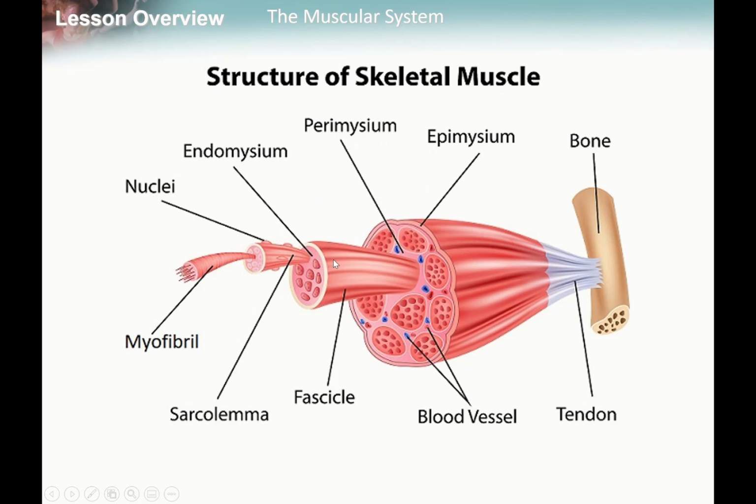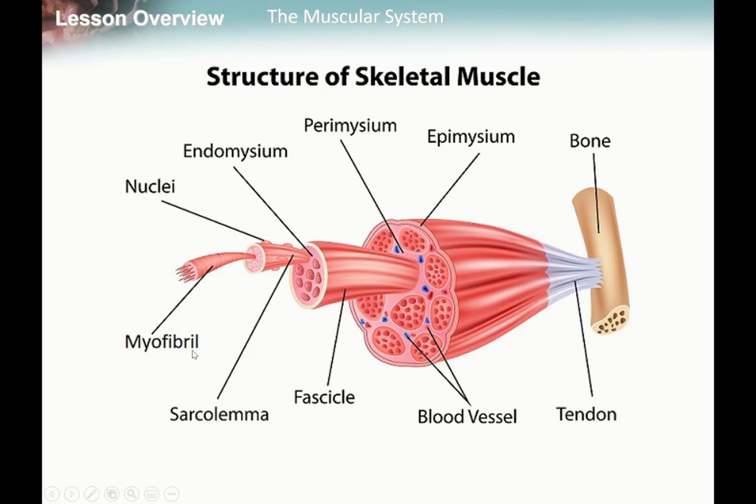And as we zoom even deeper into those individual muscle fibers, we see here that again another layer of connective tissue known as the endomysium, endo meaning within the muscle, surrounds each individual muscle fiber. And these individual muscle fibers are known as myofibrils.